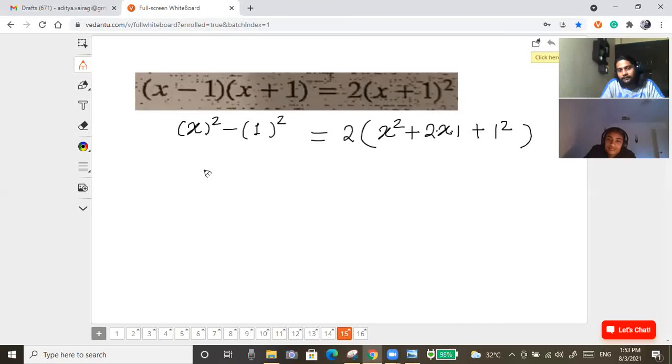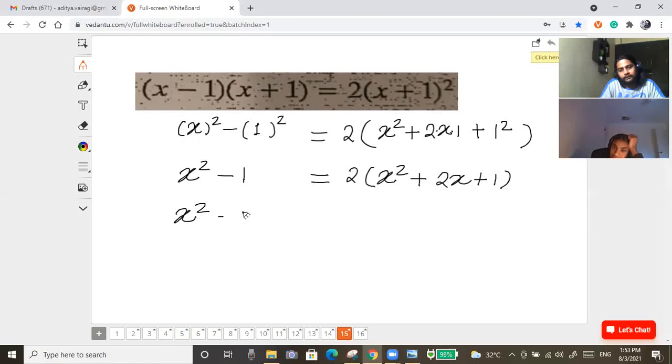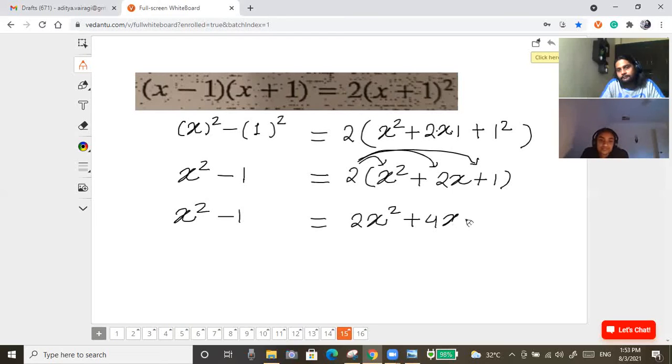Don't worry, I'll tell you the expanded form also, but right now let's do it in this way. 1 squared is 1. It's x squared plus 2x plus 1. Then x squared minus 1 is equal to, now it's 2x squared because 2 gets multiplied to each and every term: 2x squared plus 4x plus 2.